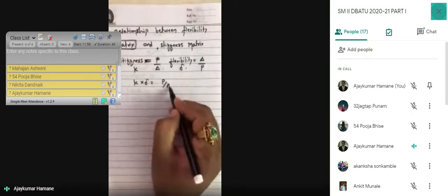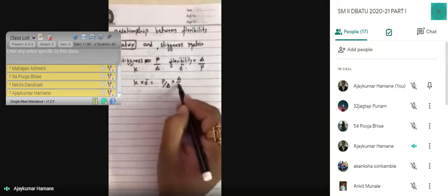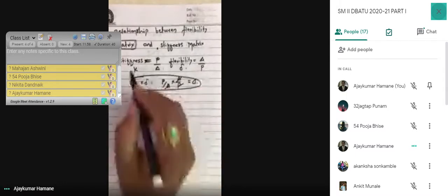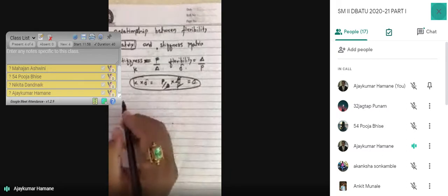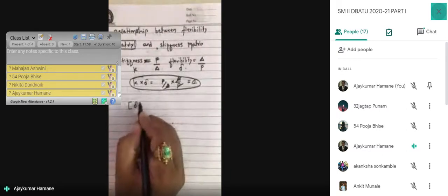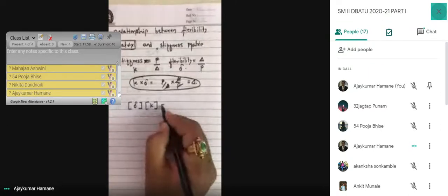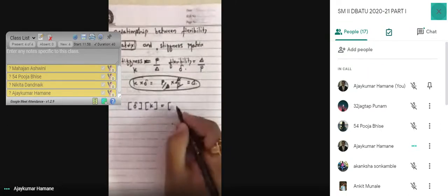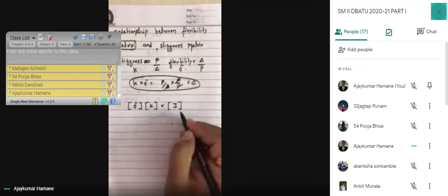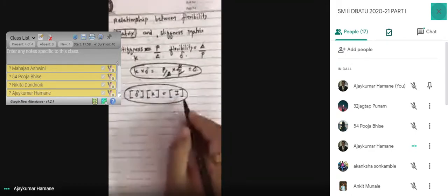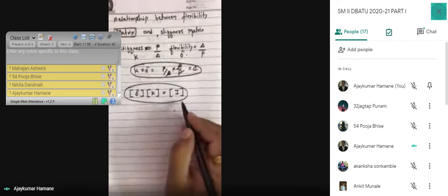P divided by delta into delta divided by P, it becomes 1. So to show the relation between the flexibility matrix and the stiffness matrix, if we multiply, we will form a unit matrix I. We have to prove that. How to prove? We will see now.